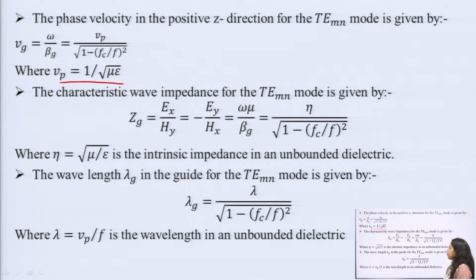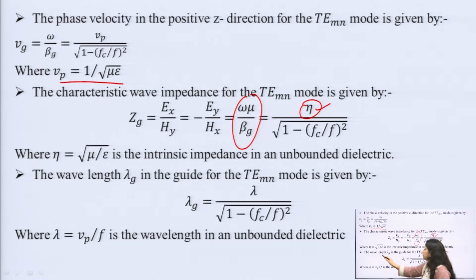The characteristic wave impedance is given by Ex upon Hy, or it is equal to minus of Ey upon Hx, and it is equal to omega mu upon beta g, that is eta upon under root 1 minus (Fc by f) whole square, where eta is the intrinsic impedance of an unbounded dielectric and it is equal to under root mu by epsilon.